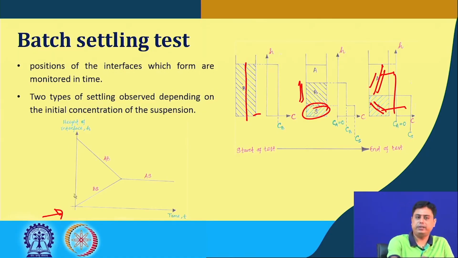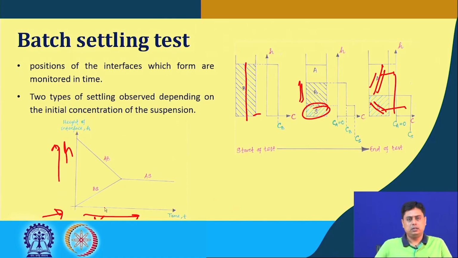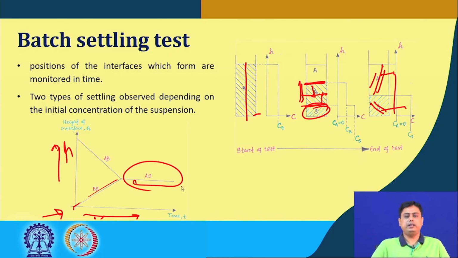If this is the height of the interface, h, and this is time, then AB stands for the interface height, the way it is decreasing, and this is the interface between B and S, the way it would increase, and eventually it would come to a position where we find the clear interface of the sedimented part and the clear part, which is AS. It would remain so after a certain point of time, because that is when complete sedimentation has taken place.